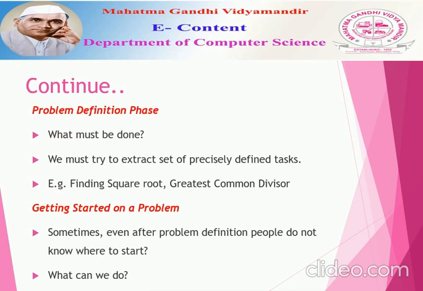In the first phase, we should know what must be done. We must try to extract a set of precisely defined tasks. For example, if we have to find the GCD of a number, that is the greatest common divisor, you should know what exactly we have to do.